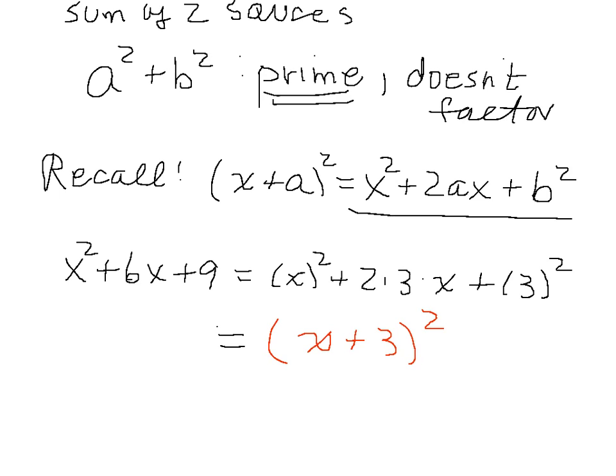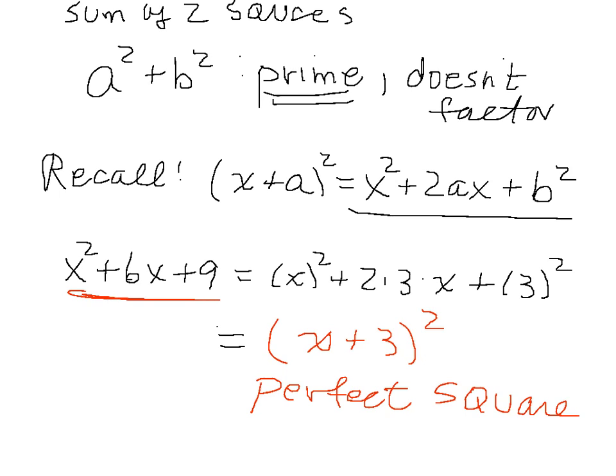And this is called a perfect square. Just like 9 is a perfect square, 16 is a perfect square because it can be written as something squared. This is a perfect square because it can be written as something squared. All right, let's move on.